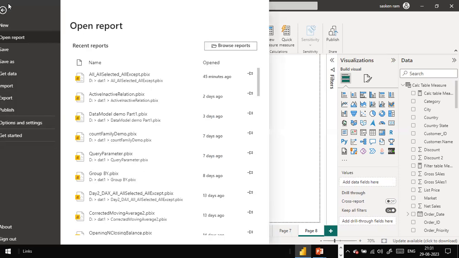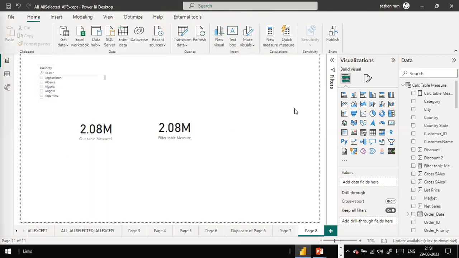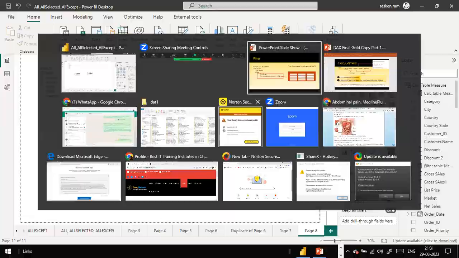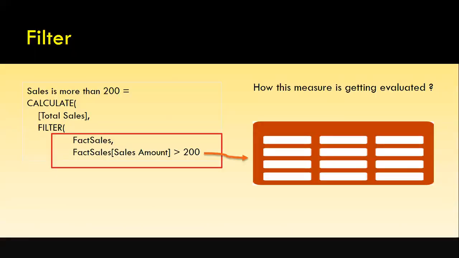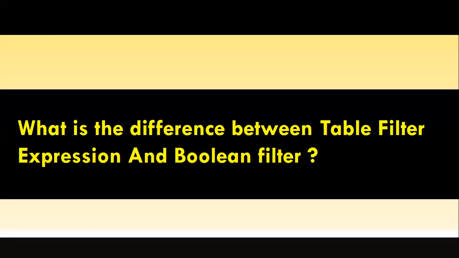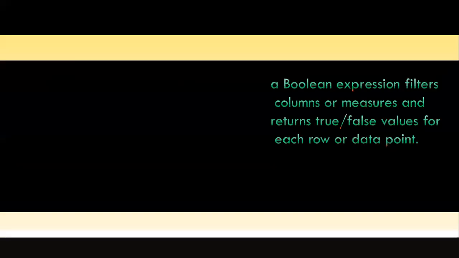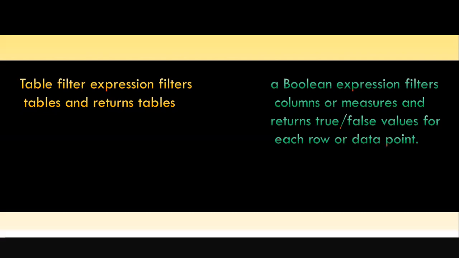So now we understood what the calculate table function is, what the filter function is all about, and the difference also we've explored. Okay, what is the difference between a table filter expression and a Boolean filter? A Boolean expression filters columns or measures and returns true or false values for each row or data point.